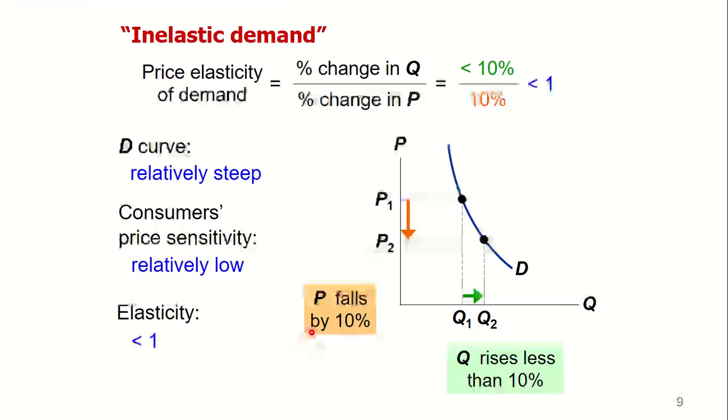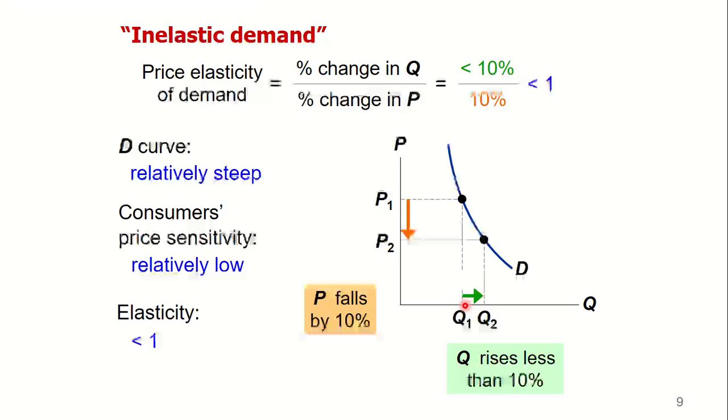Price falls by 10% and the quantity rises by less than 10%. The price fall is bigger. You can see from this point that the price fall is bigger than the quantity increase, so relatively inelastic.